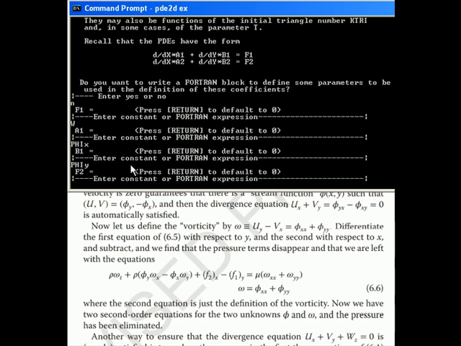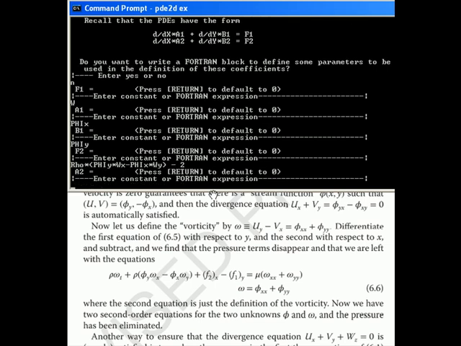So F2 will be rho times phi y times omega x minus phi x times omega y, plus, now remember F2 is minus x, so the derivative of minus x with respect to x is minus 1, and the derivative of F1, which is y, with respect to y is 1, so we just got minus 1 minus 1, so this is just going to be minus 2.